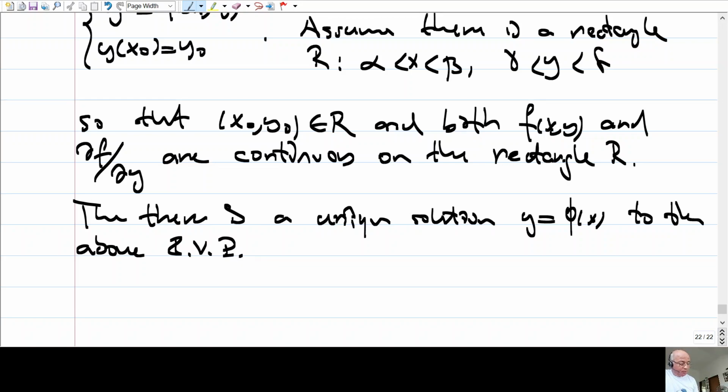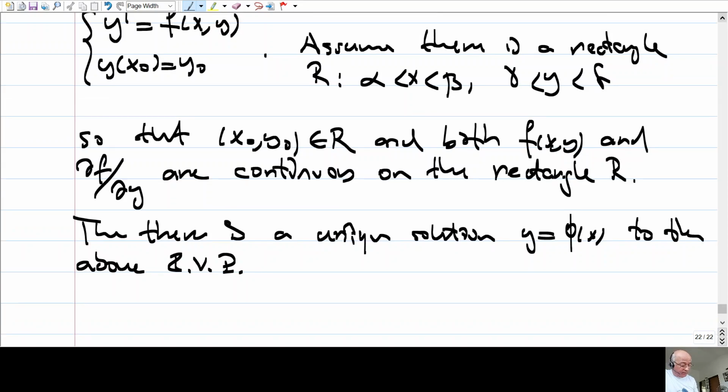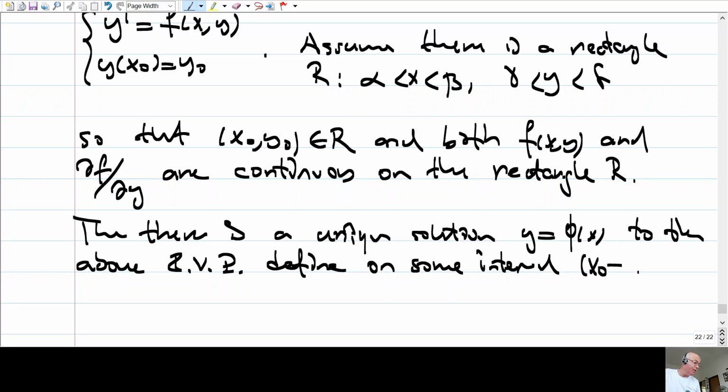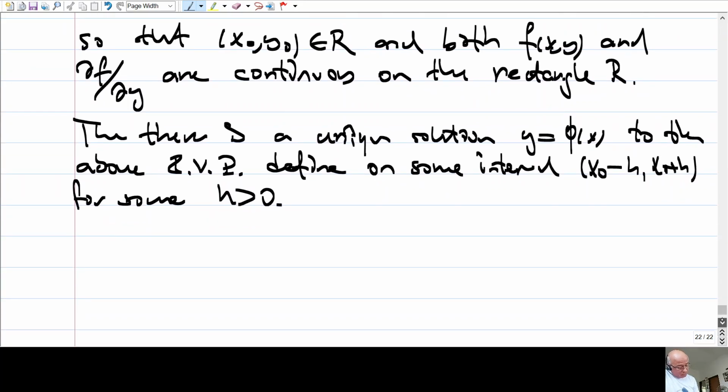But this solution is not necessarily defined on the whole rectangle. It is defined on some interval, something like (x0 minus h, x0 plus h), for some h positive.